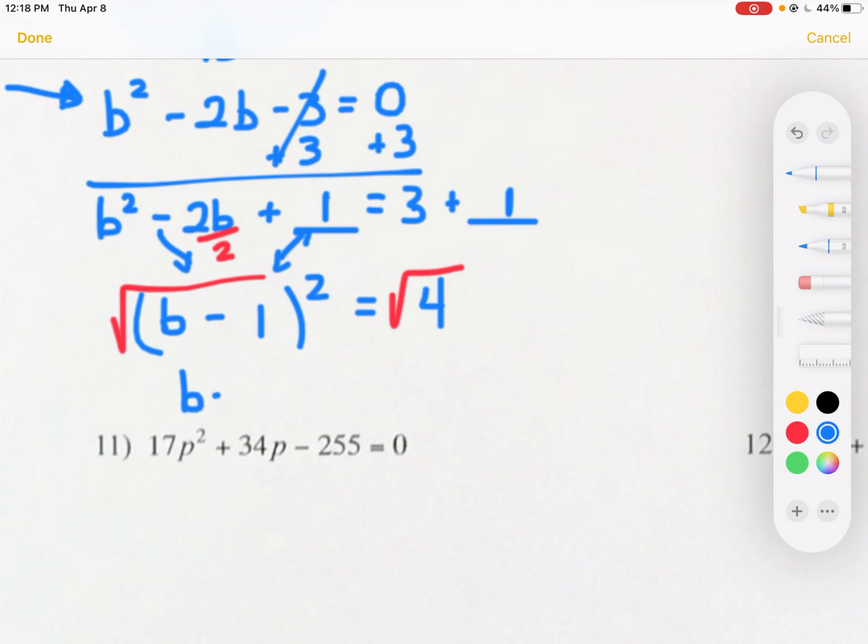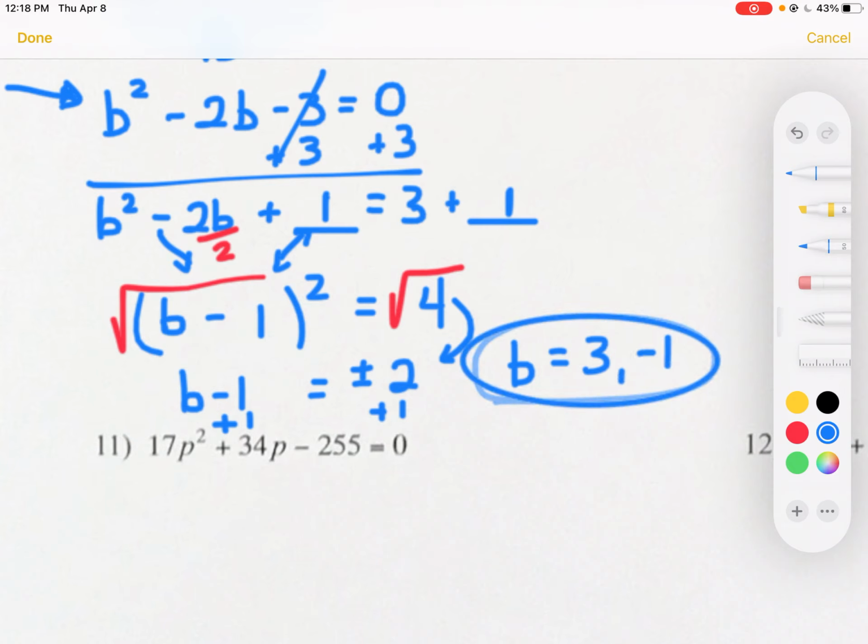I'll have b minus 1 equals positive or negative 2. Square root of 4 is 2. And then I want to add 1 to both sides. So then I'll get b equals 2 plus 1 is 3. Negative 2 plus 1 is negative 1. And then you're done.